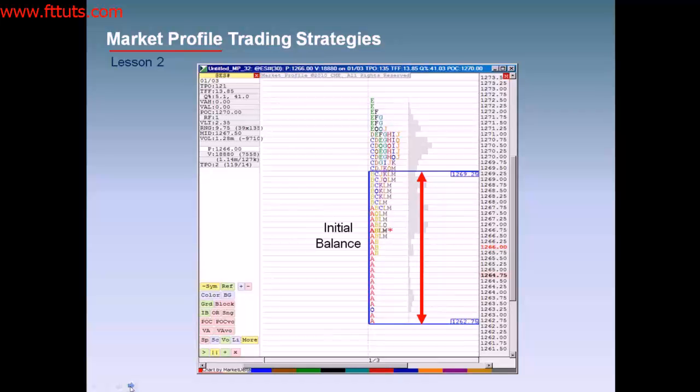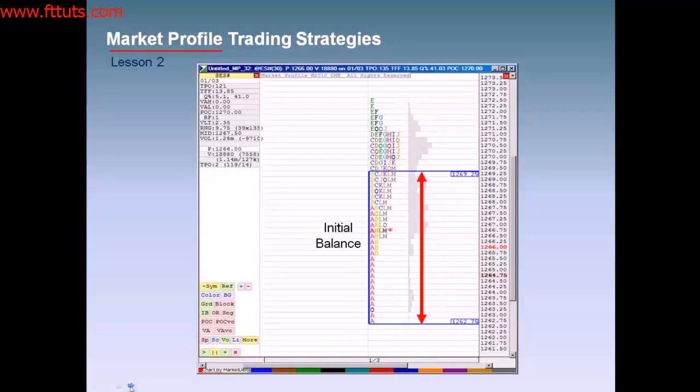Because remember, our profile is based on 30-minute periods. So each period in the profile will represent 30 minutes. That's the standard format. And if I tell you that the initial balance is the first hour, then obviously that is the first 2 periods of the day.